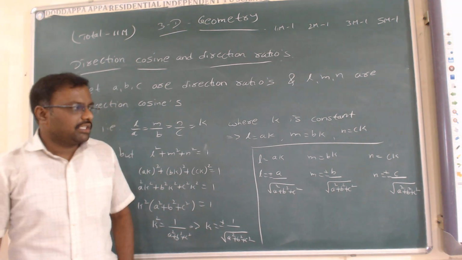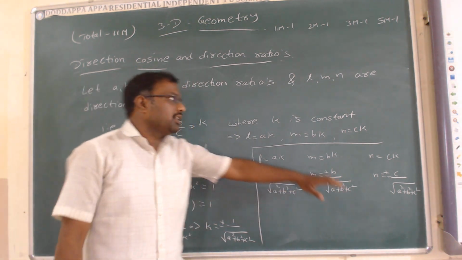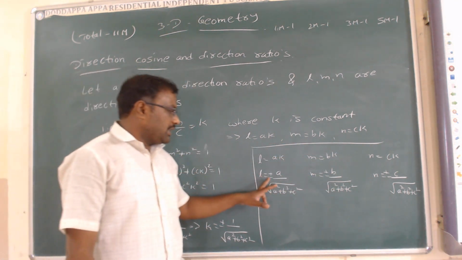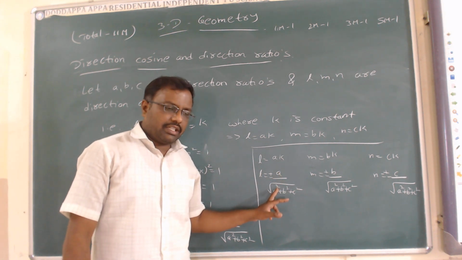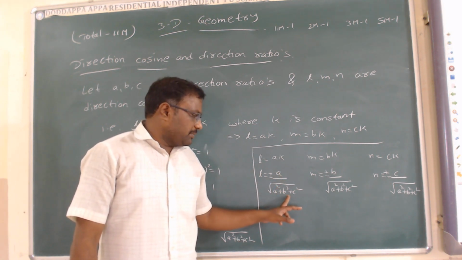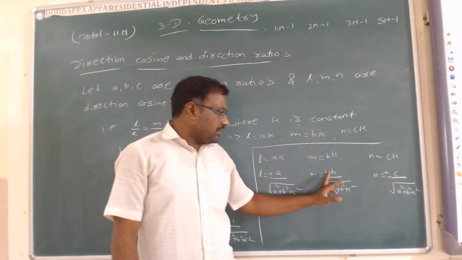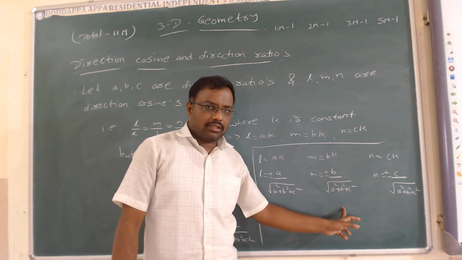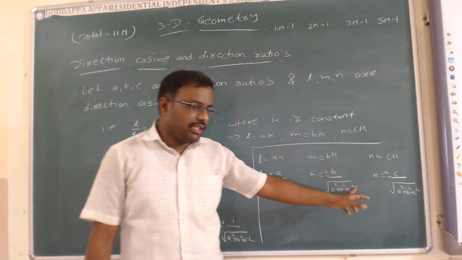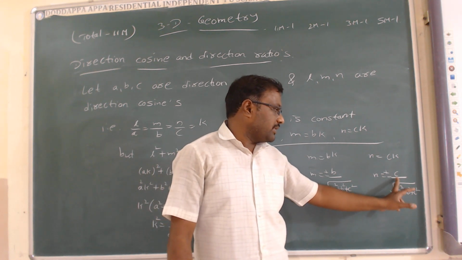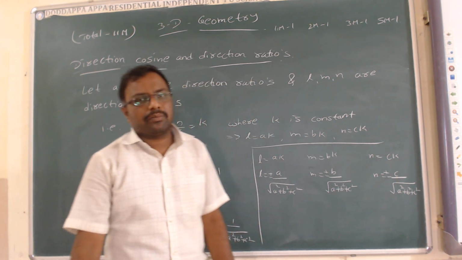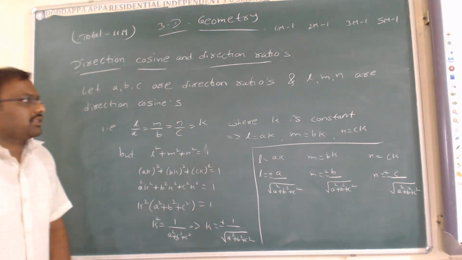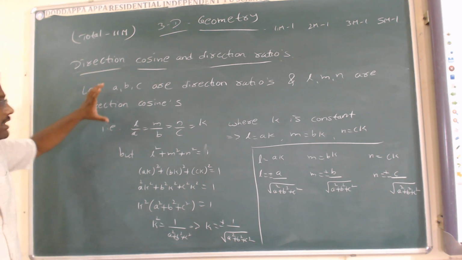These are the direction cosines. The direction cosines formula is: l is equal to plus or minus a divided by under root of a square plus b square plus c square, m is equal to plus or minus b divided by under root of a square plus b square plus c square, n is equal to plus or minus c divided by under root of a square plus b square plus c square.